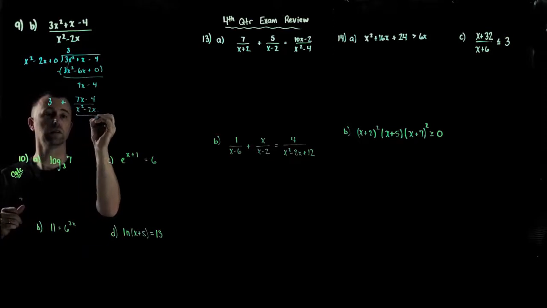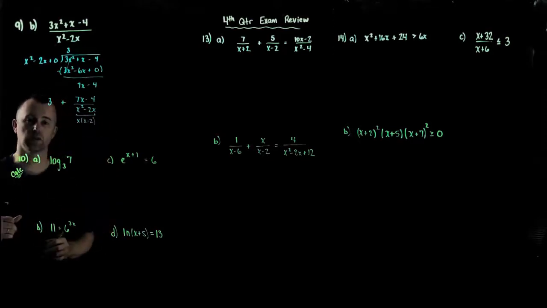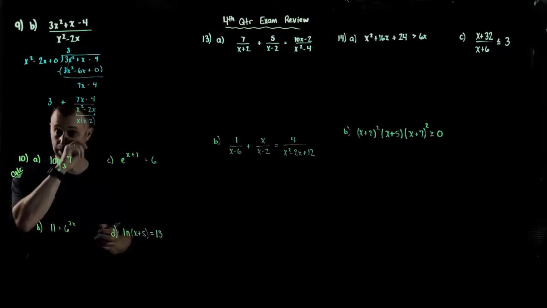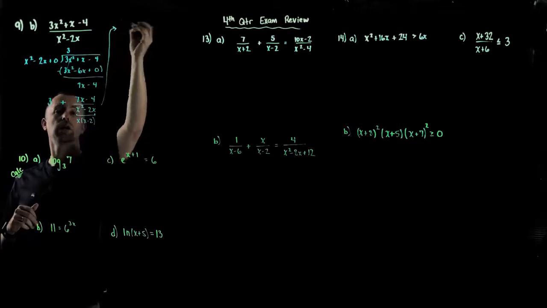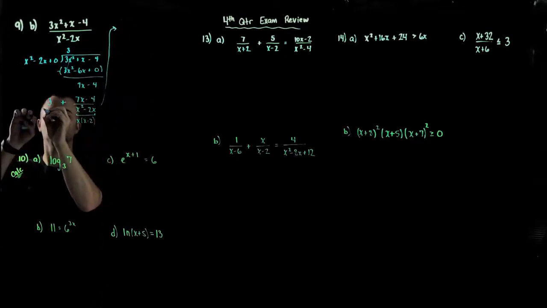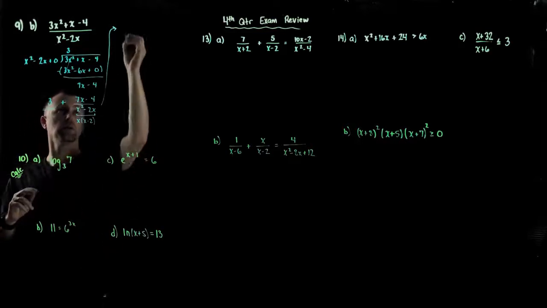So now I'm going to factor it so I can see what case I have. And this is going to be case 1. I have 2 non-repeating linear factors. So that means, and I'm just looking at this, remember this 3 is going to get brought into my final answer, but I'm looking right now at just this case.